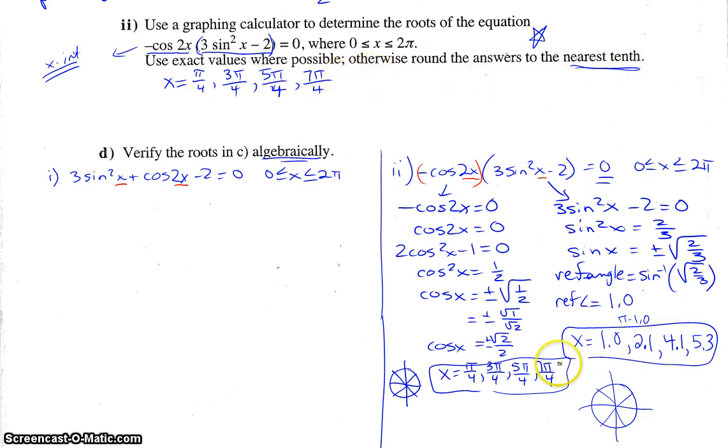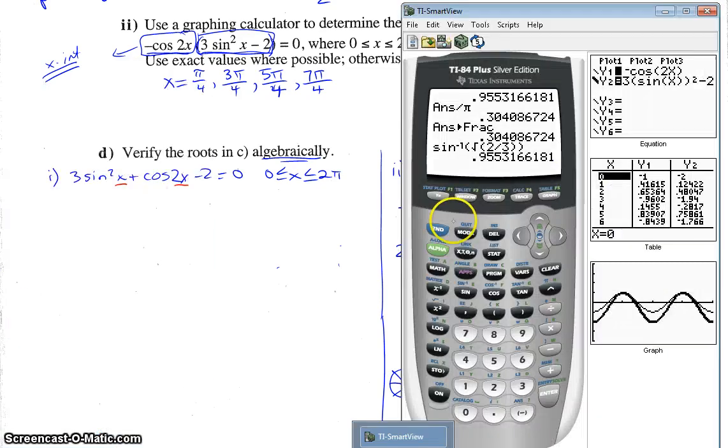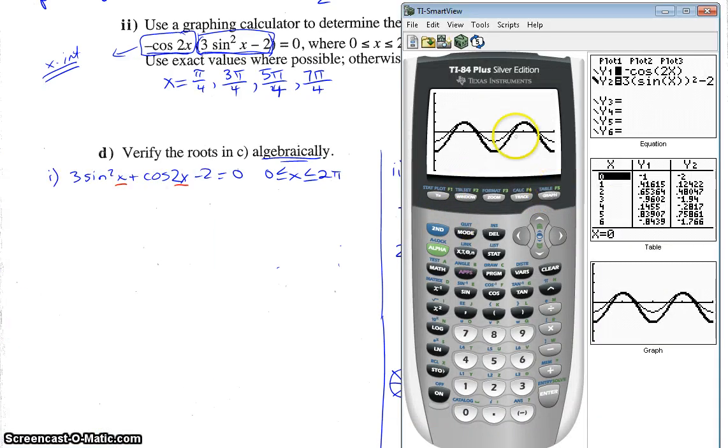And yet here we're getting the 8 answers. So here's what I did. I went back to the graph and I put this in y1, this in y2, and then each of them equal to 0. So all the x-intercepts would give us all the solutions. And so as a result, we would have a graph that looks kind of like that. So if you go at it that way, we're going to get the same answers and it should work out.